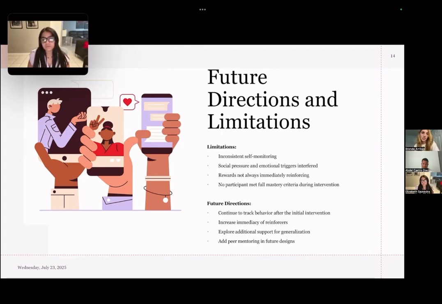Because of this, our future directions would be to continue to track behavior after the initial intervention to achieve mastery criteria, increase immediacy of reinforcers, explore additional support for generalization, and add peer mentoring in future designs.